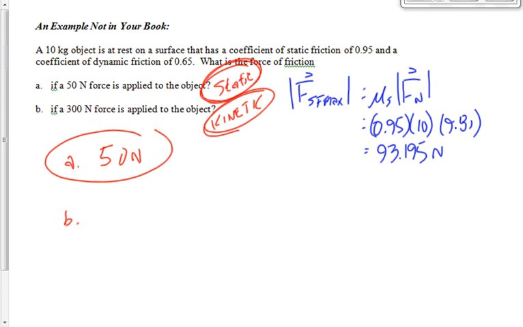How do I find the value of kinetic friction? Now that we know it moves, right? 300 newtons easily exceeds 93.195. It moves. What's the value of kinetic friction?